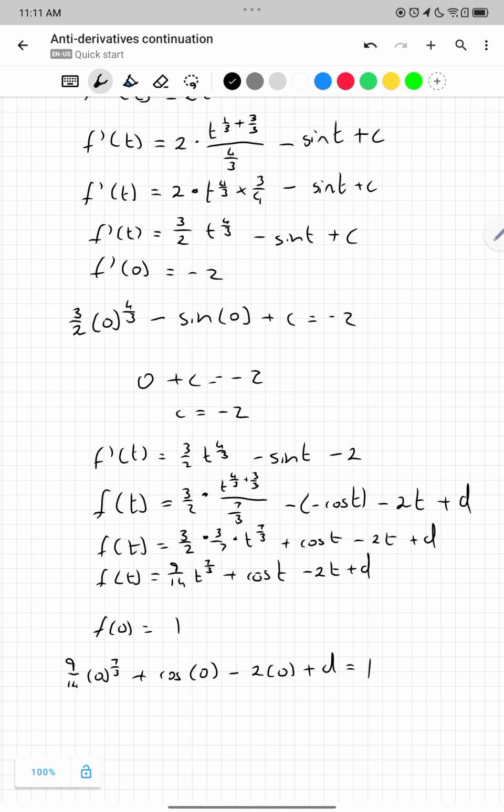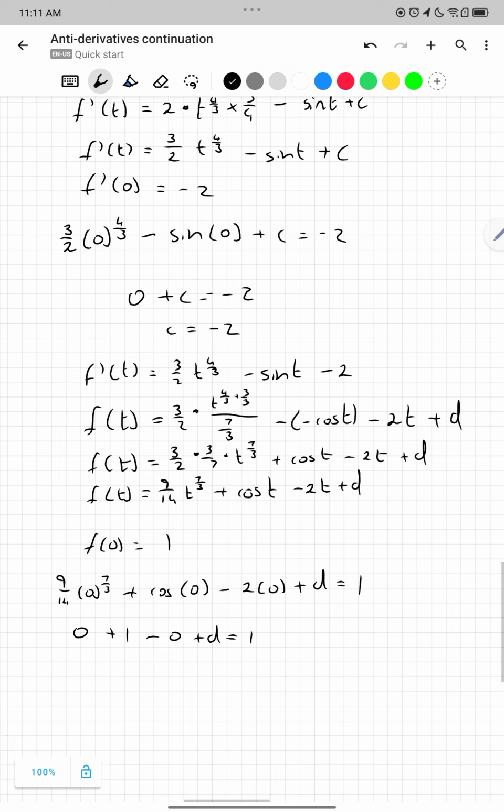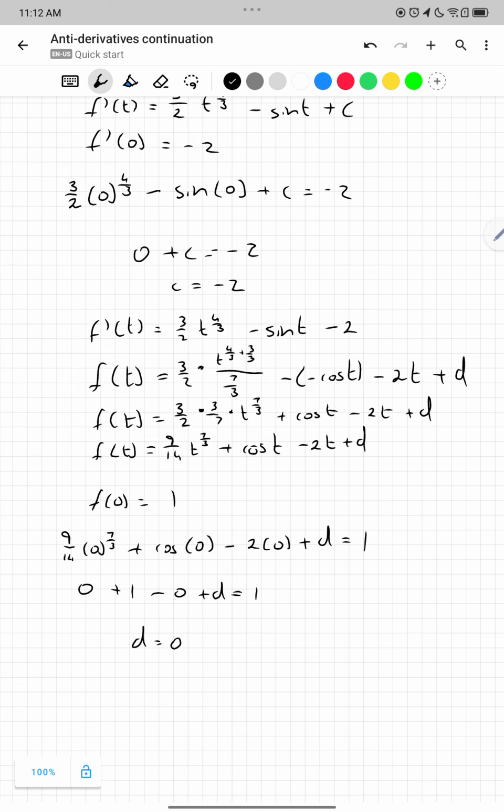So 0 plus 1 minus 0 plus d is equal to 1, where d is equal to 0. So therefore, f of t is equal to 9 over 14 t to the 7 over 3 plus cos t minus 2t. So this is our final answer for the day.